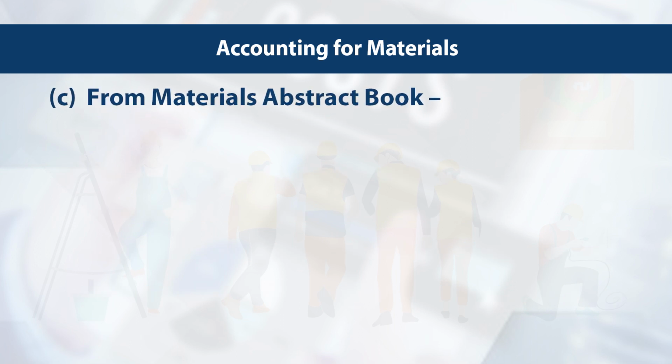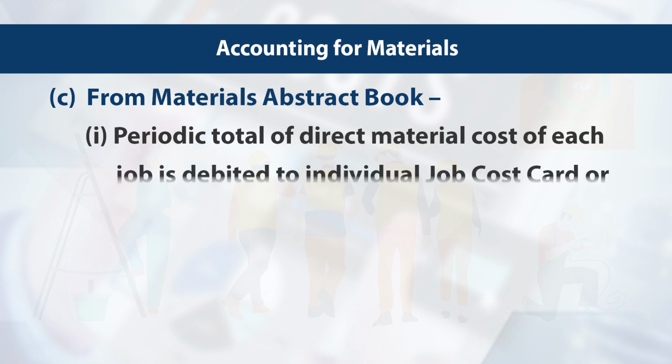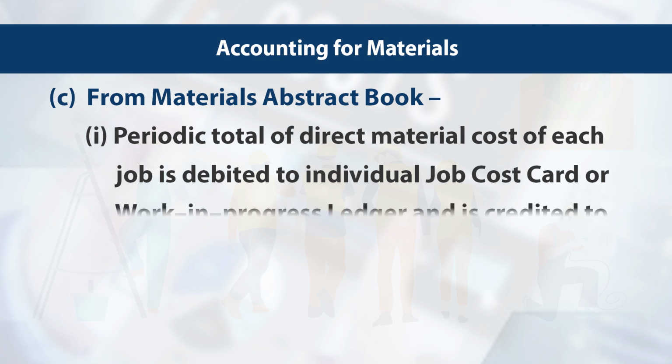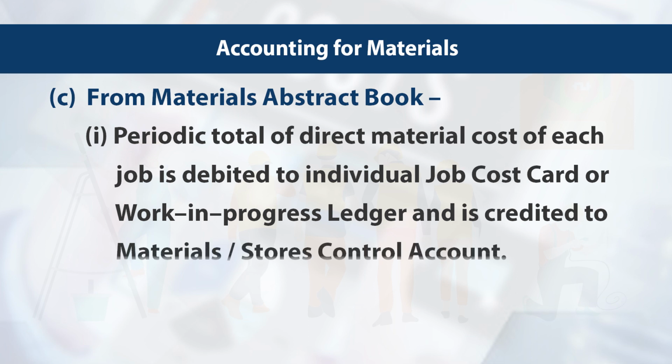From materials abstract book, first, periodic total of direct material cost of each job is debited to individual job cost card or work in progress ledger and is credited to materials or stores control account.